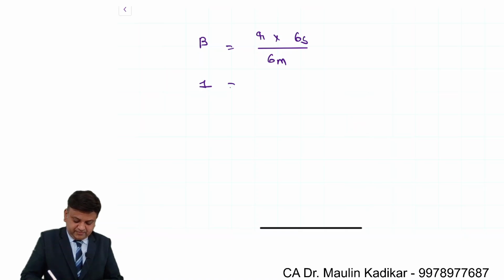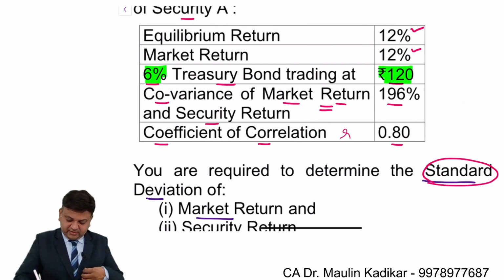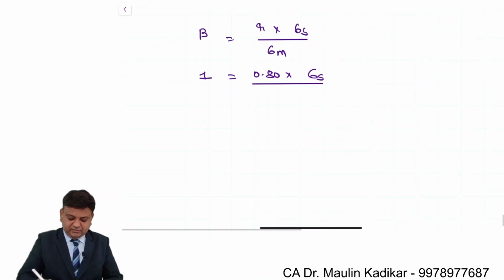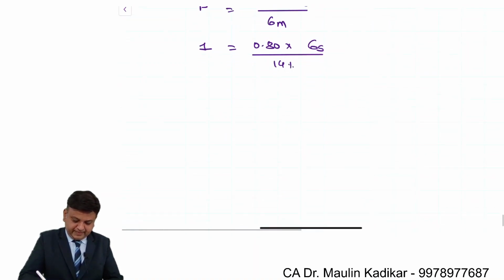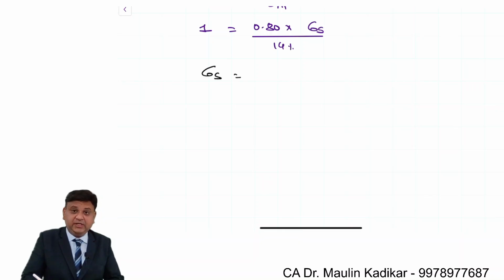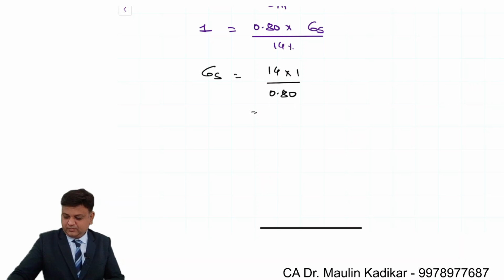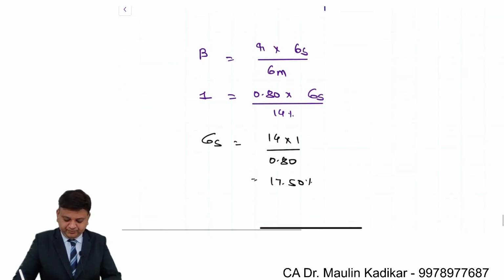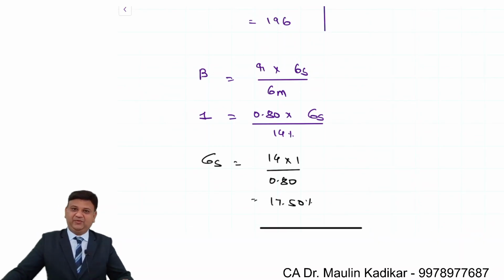What is beta? It is 1. What is R? R is 0.8. Standard deviation of the market portfolio comes to 14%. So standard deviation of security is equal to 14 into 1 divided by 0.8. That comes to 17.5%. This is the way standard deviation of the security can be found.